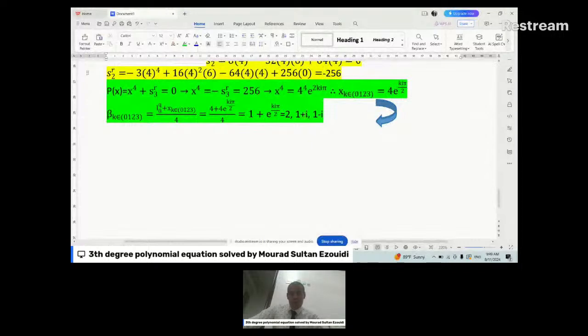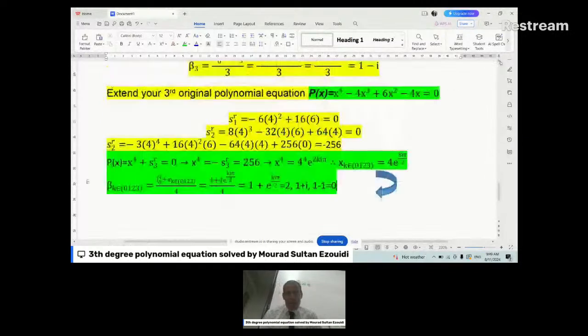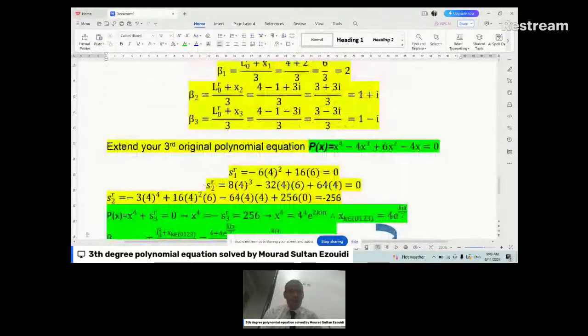That's why it's written 1 plus i. When k equals 2, it will be 1 minus 1, which is equal to 0. Between parentheses equals 0. That's why in our polynomial equation, x has to be equal to 0 here. The third root is 0.